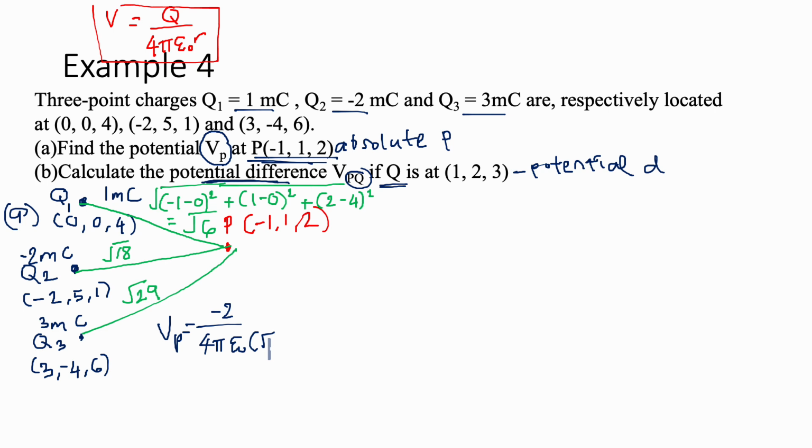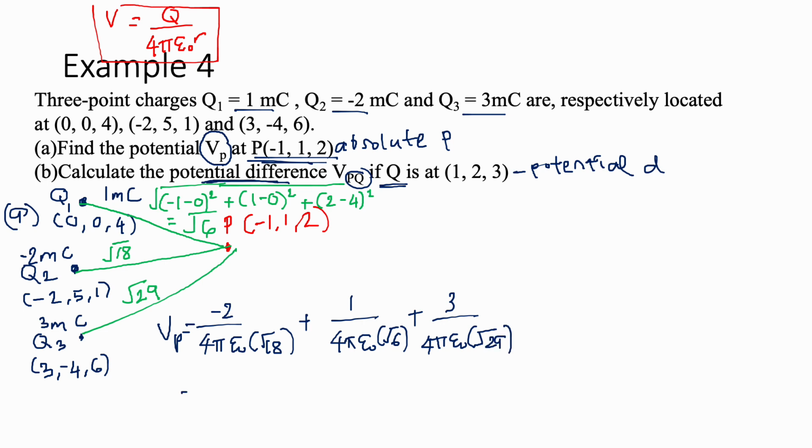Okay, I wrongly pick up square root of 18, and then plus with 1 over 4 pi epsilon naught square root of 6 plus 3 over 4 pi epsilon naught square root of 29, right?